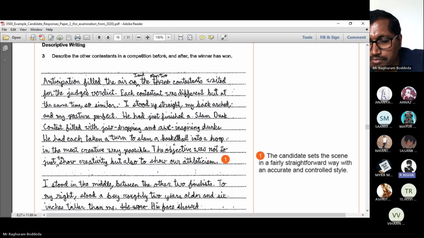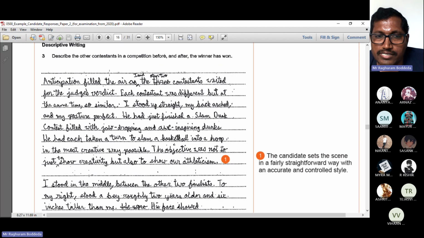Here, they were really interested in the competition, which is definitely challenging. They started with anticipation: I and other two contestants waited for the judge's verdict. The opening sentence is directly given, not beating around the bush.